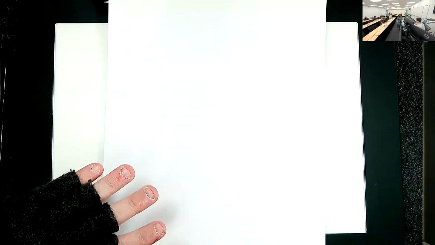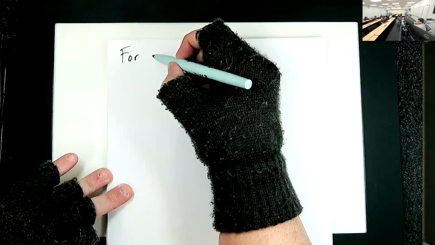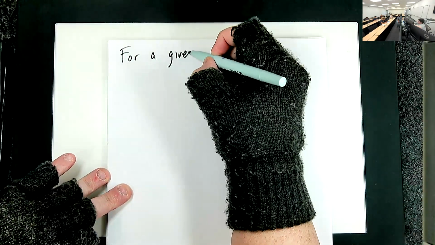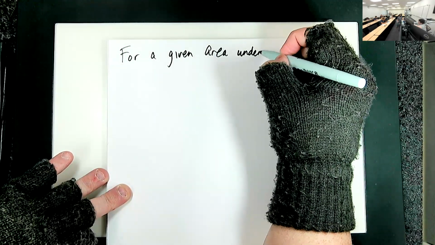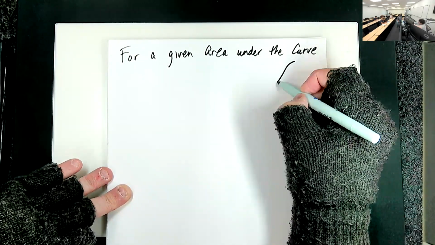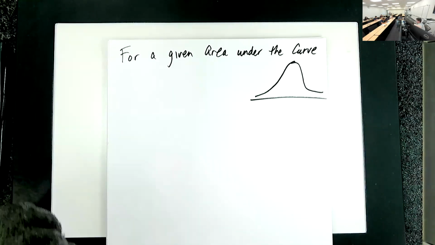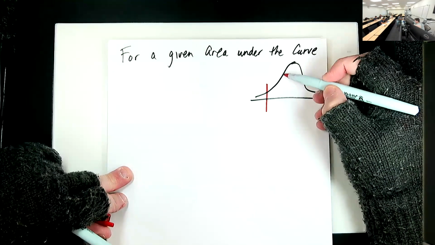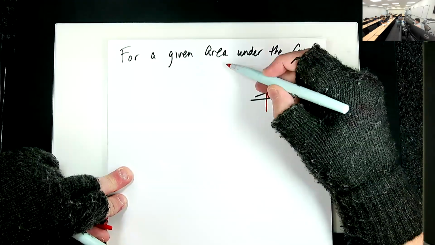So we've got this curve, and it's good to know that for a given area under the curve, and I'll draw a little curve and show you what I mean. If I cut this off right here, and we're looking at that area right there, let's say that's my area.